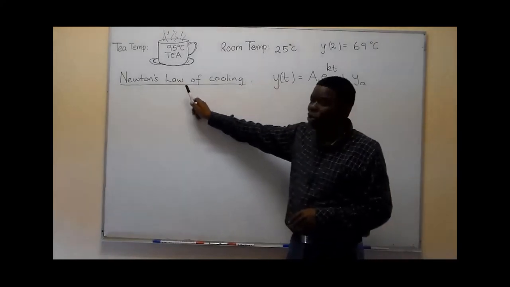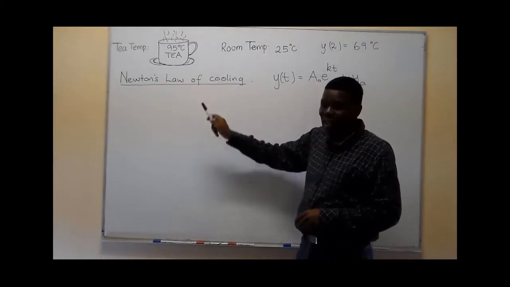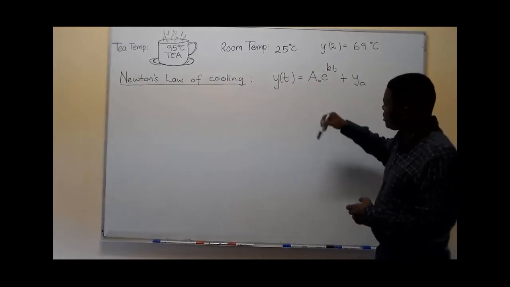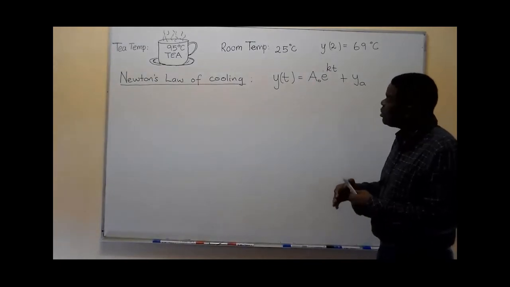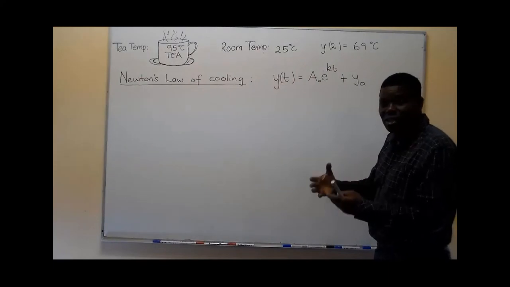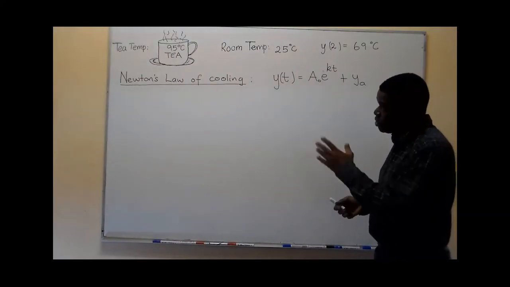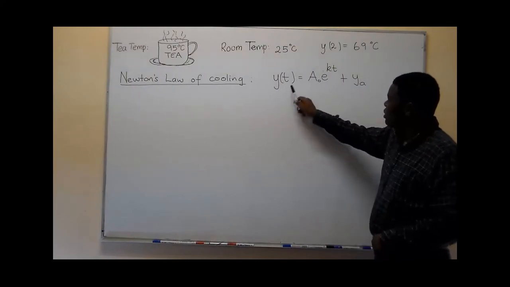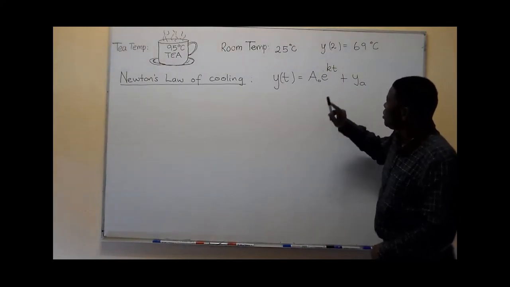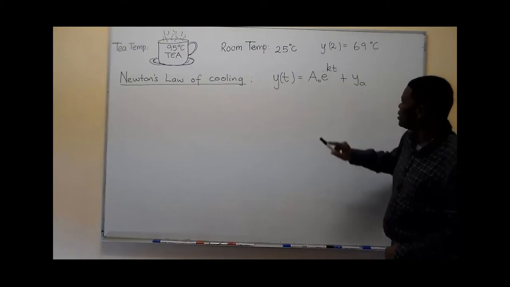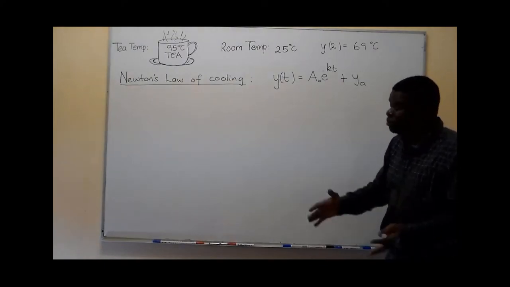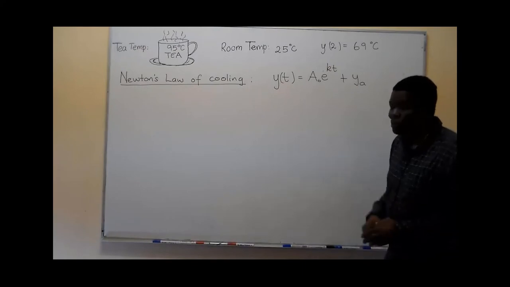But remember that Newton's law of cooling made us arrive at this model which gives us a function of time which delivers the temperature of the object which is cooling down, and that model is y of t equal to a0 e to the power kt plus the ambient temperature, that is the room temperature or the surrounding temperature.